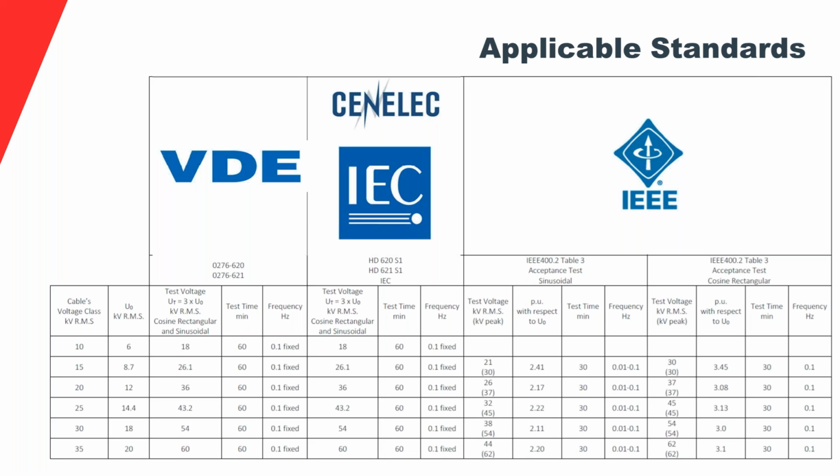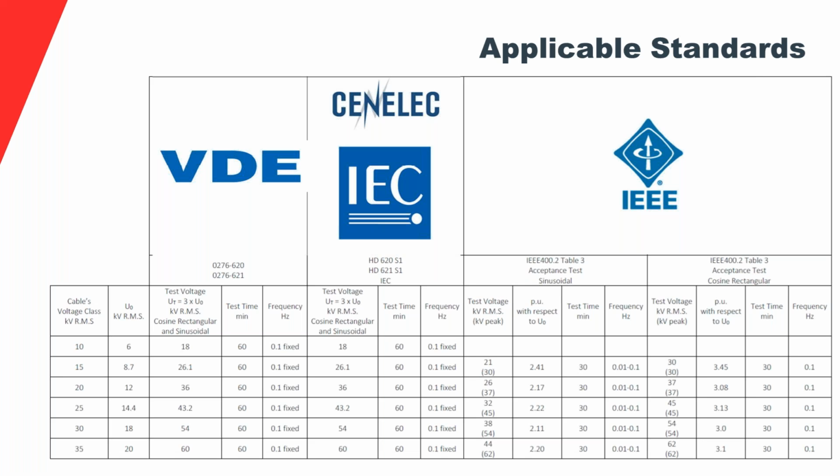And in IEEE, you can see it takes more than half of the table, and this is only the acceptance test. In the IEEE 400.2 table 3, where all these numbers are stated, there's then also an installation test and a maintenance test, which has different values. And you can see those values in IEEE differ drastically from the rest of the world.